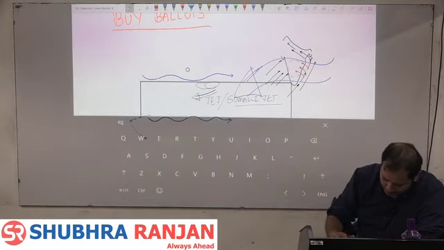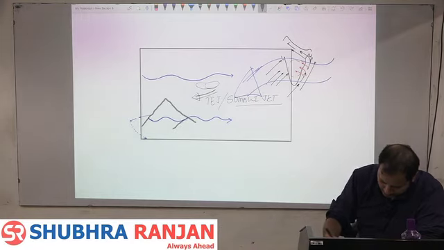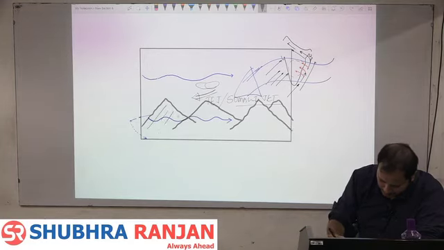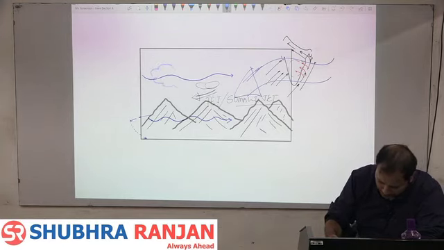In the upper atmosphere, as the speed of the wind increases, frictional force is absent, and therefore the deflection of the winds increases.